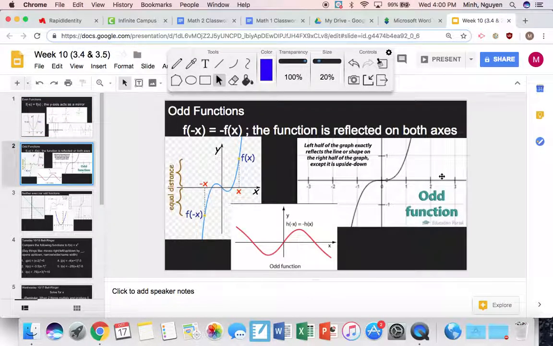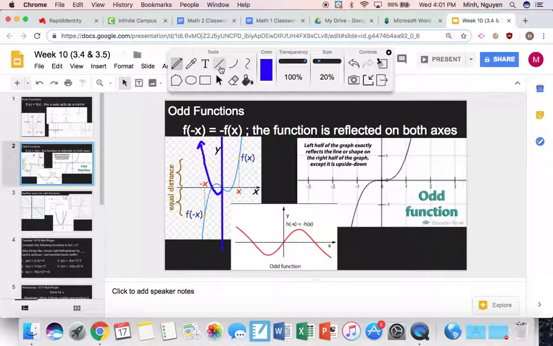So an odd function is when it's reflected on both axes. So what does that mean? First, let's just focus on the right side of the graph. I will take this and reflect it across this line. Then it will look like this, somewhat.